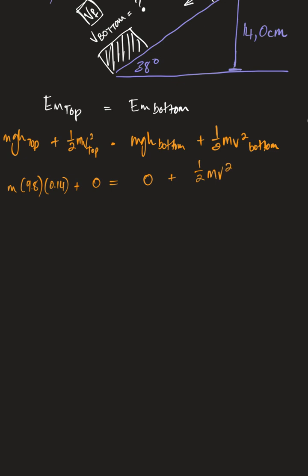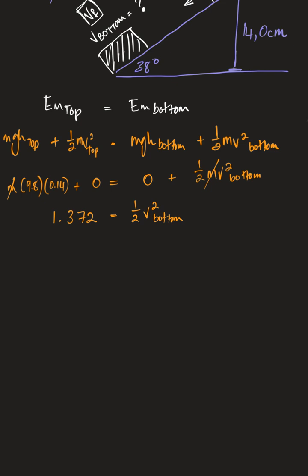mv squared bottom. If I look at the m's on both sides, I can divide both sides by m. So now I'm left with 9.8 times 0.14, which is 1.372, which is equal to half v squared at the bottom.